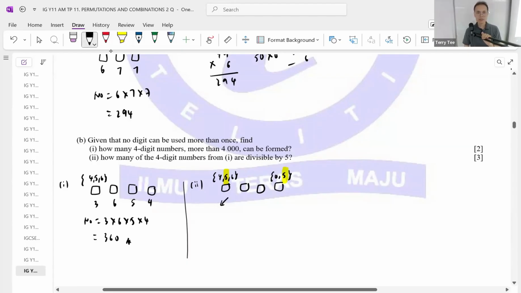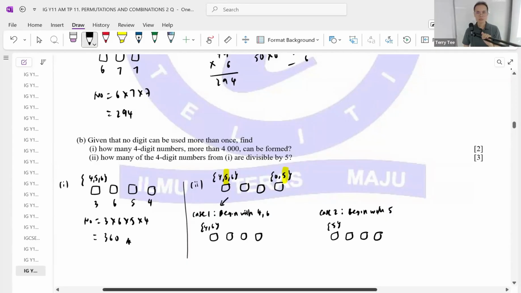So you have to split into 2 cases. Case 1, we begin with 4 or 6. Case 2, we begin with 5. So we draw 1, 2, 3, 4. For 4 or 6, and for 5, the last digit is 0 or 5.